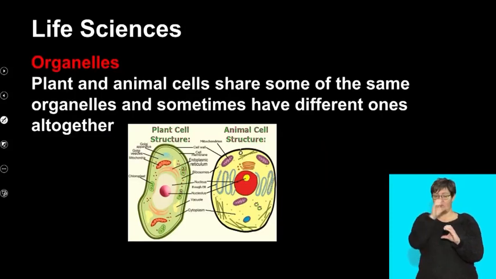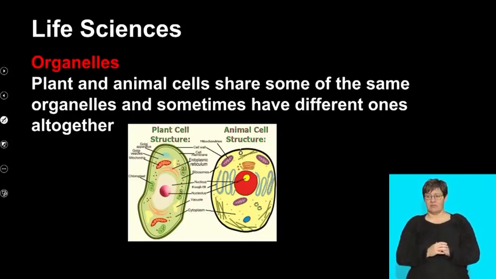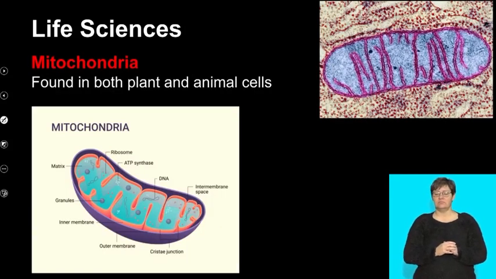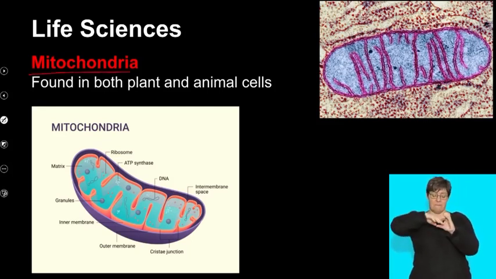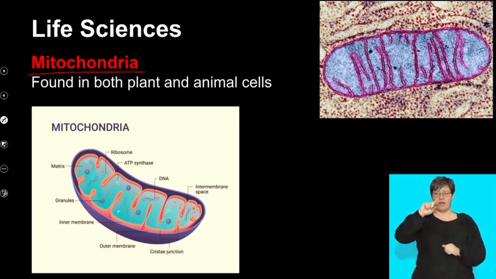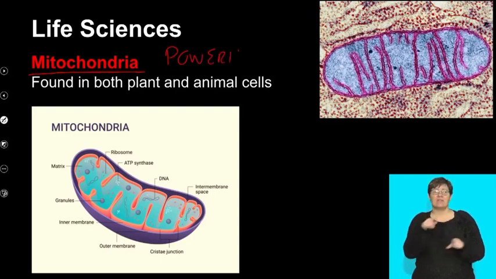The first organelle that we're going to look at, other than the nucleus, that both a plant and an animal cell have, is the mitochondria. It's a bit of a difficult word to say sometimes, mitochondria. But what the mitochondria does, guys, is it's the powerhouse of the cell. What do we mean by that?